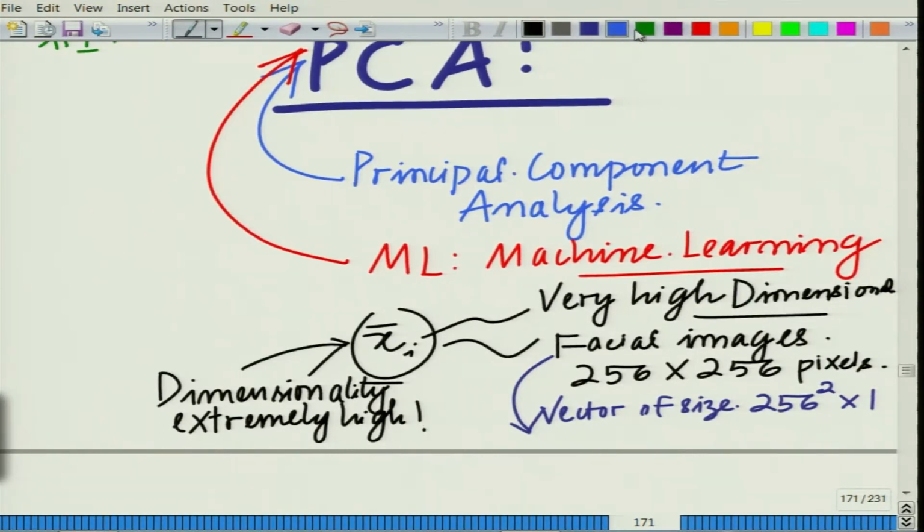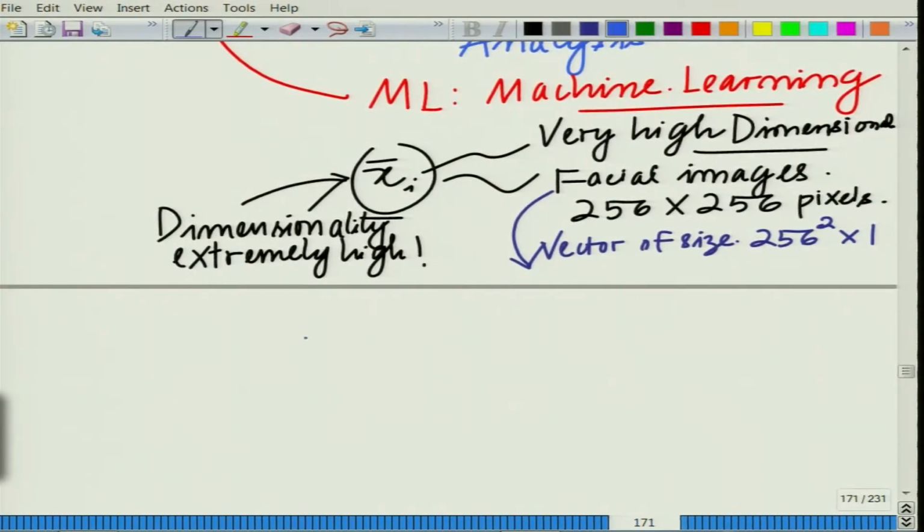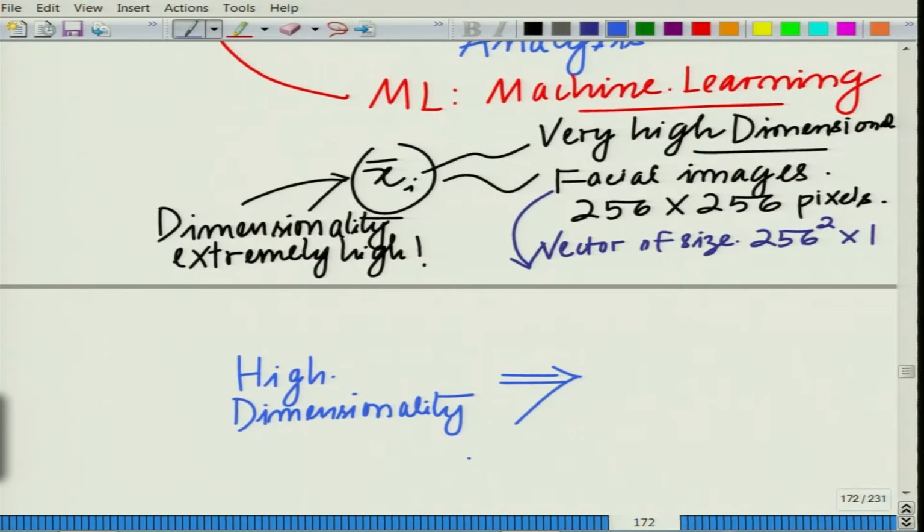So, when the dimensionality is very high, this implies that analyzing the data is going to be highly difficult.